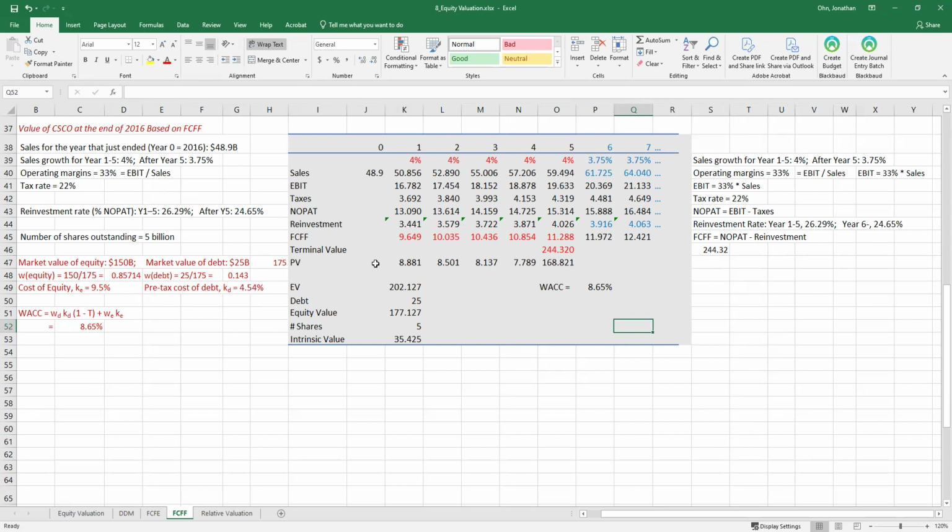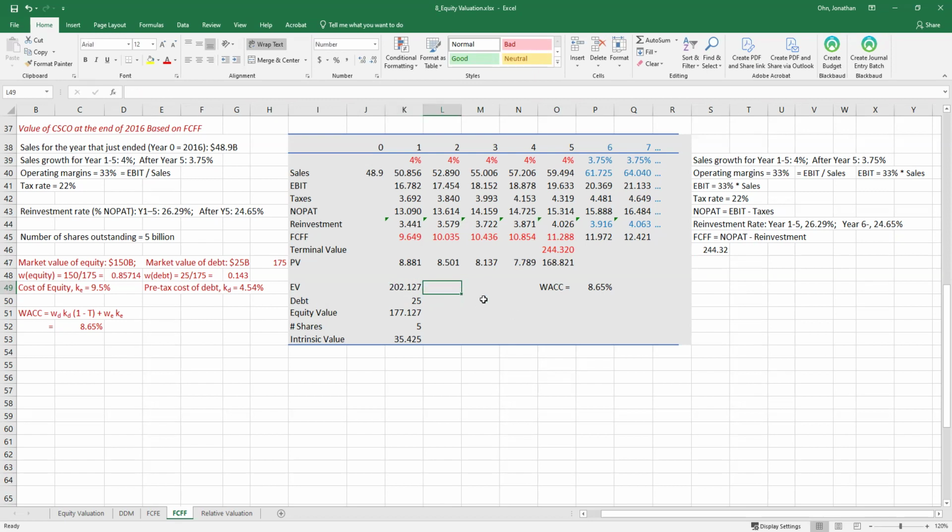So if you calculate that, $202.13 billion. That is our answer here.